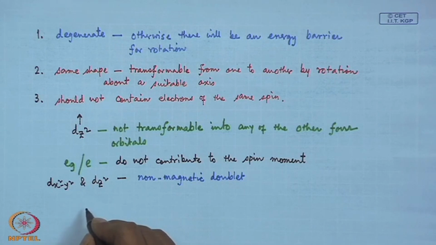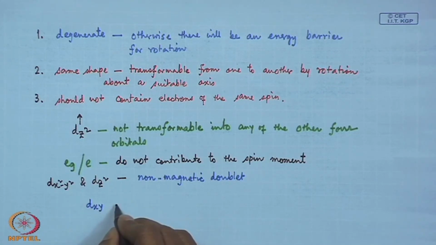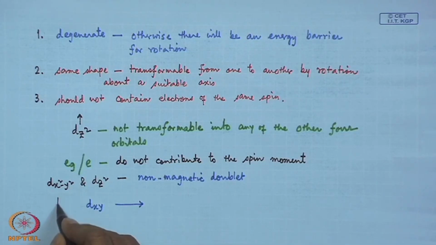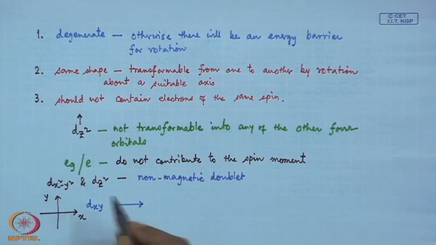So, the next one, the T2G set level, that means if we have the dxy. So, this dxy orbital we all know, this is x and this is y.